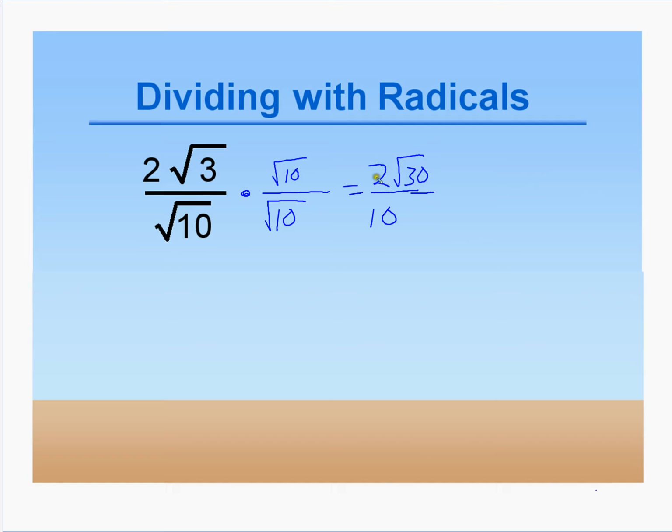But now we have these numbers that aren't a radical, and these can be simplified. We know 2 goes into this 1 time, and 2 goes into this 5 times. So our answer is the square root of 30 over 5, and you cannot simplify further here because this is under a square root and this is not under a square root. So that's the first part that we're going to look at, simplifying radicals.